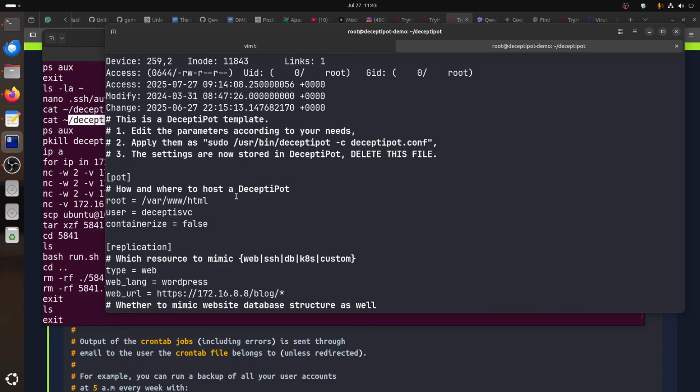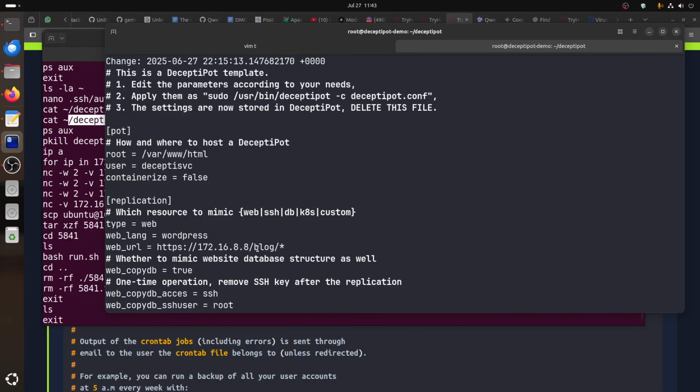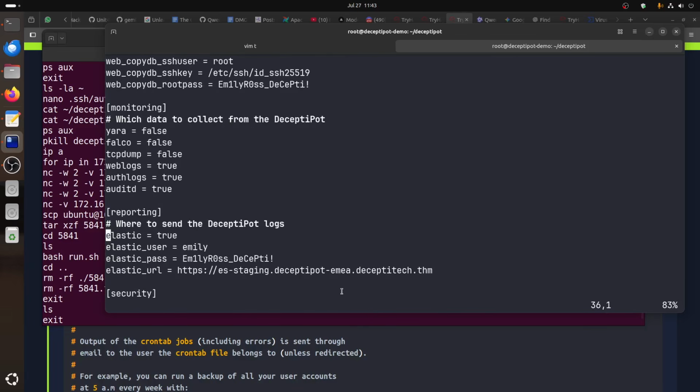How and where to host DeceptiPot: in the root HTML, user deceptive, false, blog. I don't know, there's no blog in there. Maybe it's the next one. That's for now, let's not jump. Why does it look funny?